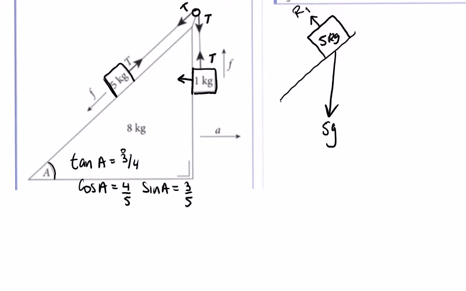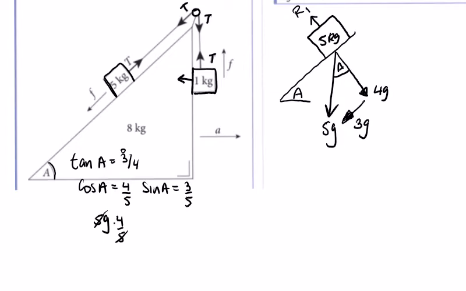We've my angle A. So coming down this way with my angle A inside, I'm going to have 5g cos A, so 5g by 4/5, you can see, is 4g, and in this direction here it's going to be 5g by 3/5, it's going to be 3g going down in that direction.